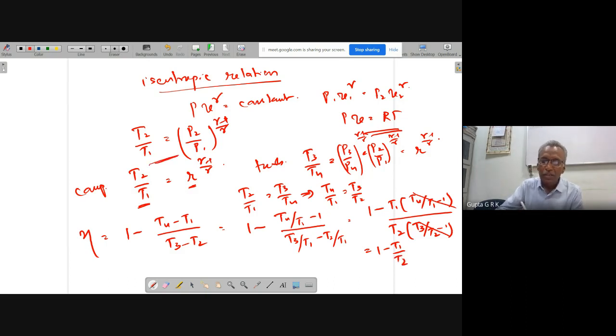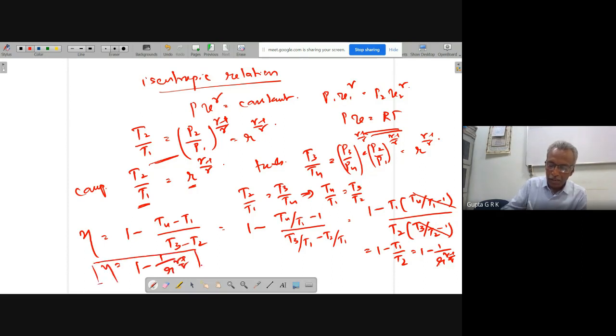And from this, if I reverse this, 1 minus 1 by R to the power gamma minus 1 by gamma. So eta is equal to 1 minus 1 by R to the power gamma minus 1 by gamma. So this is the efficiency. These things you know, I am just doing a little bit quickly.